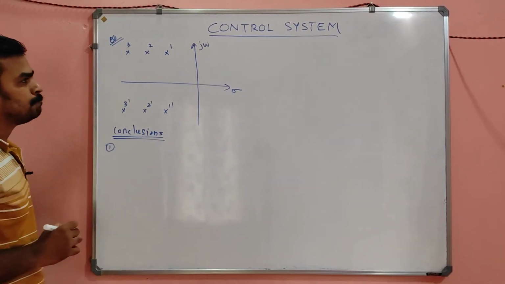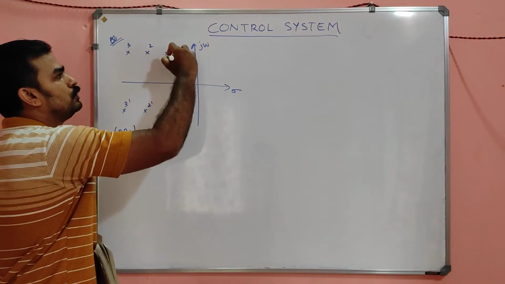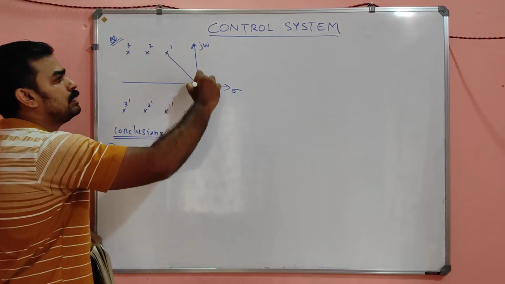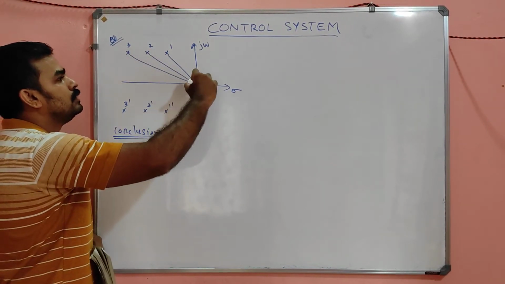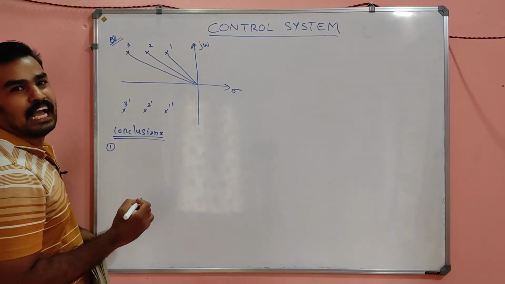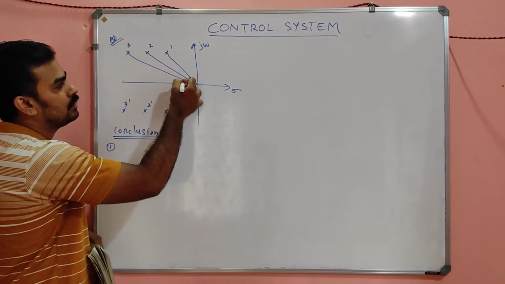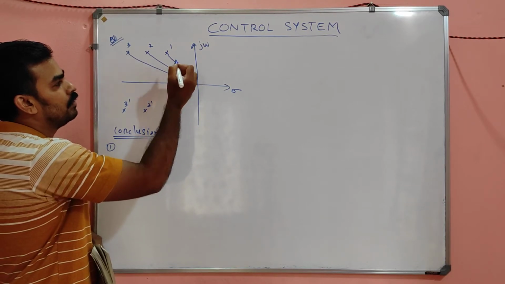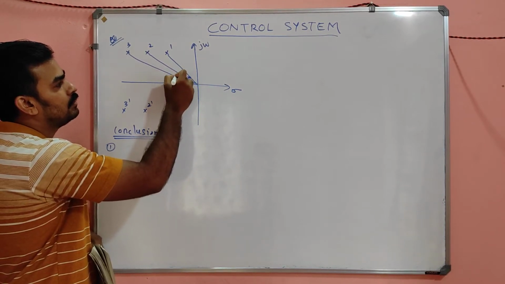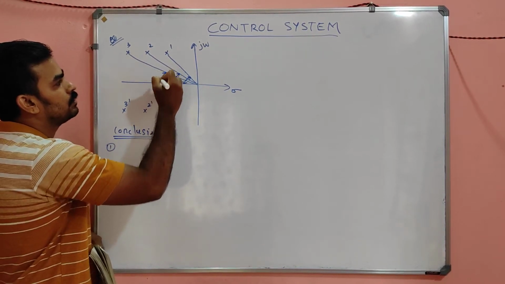First one. Can you tell me about the theta now? So this is theta 1, this is theta 2, this is theta 3. Correct? The first one will cover the theta 1, and this will be theta 2, this will be theta 3.